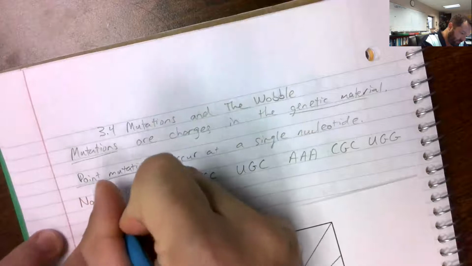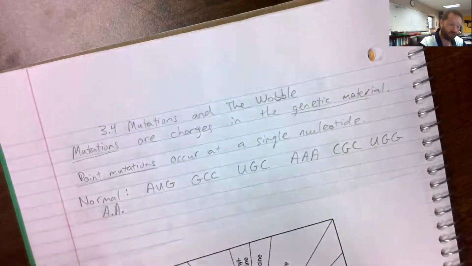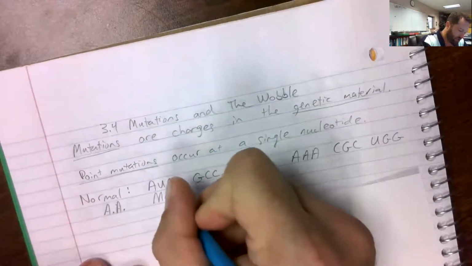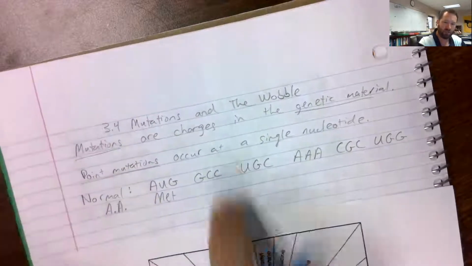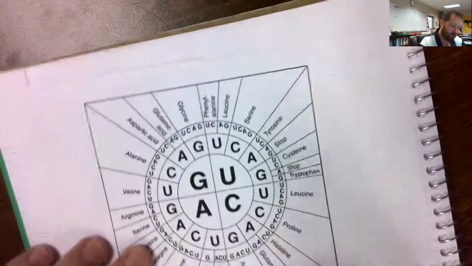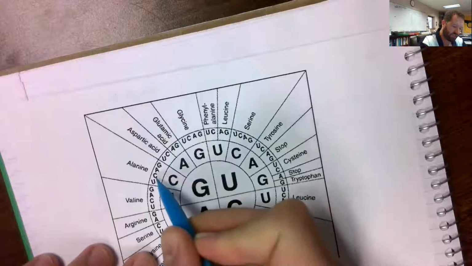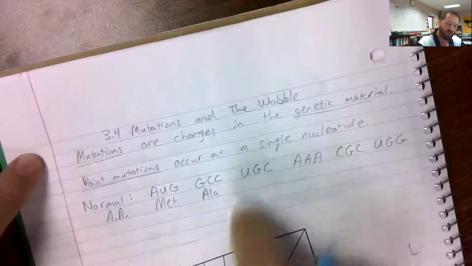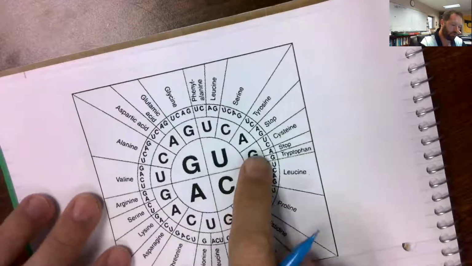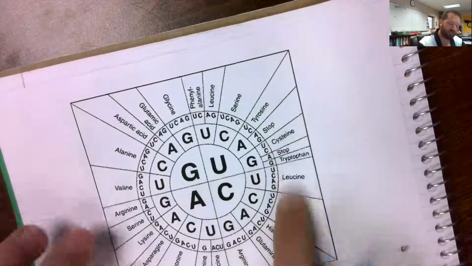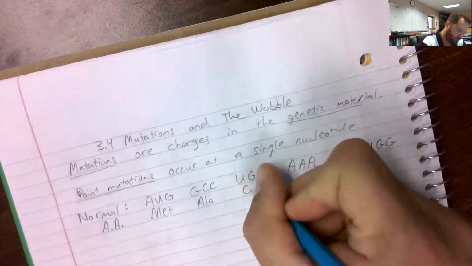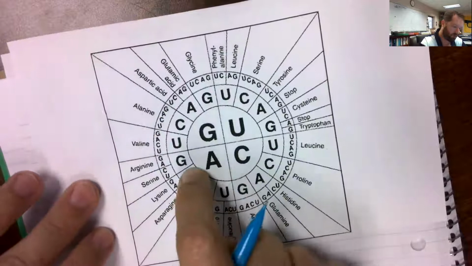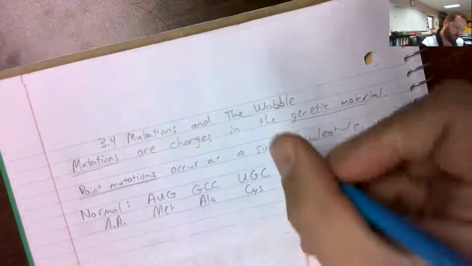So this is our normal amino acid sequence. This one's going to be methionine, MET. Let's see, GCC, alanine, that's my favorite. UGC, cysteine, so CYS. AAA, lysine, LYS.